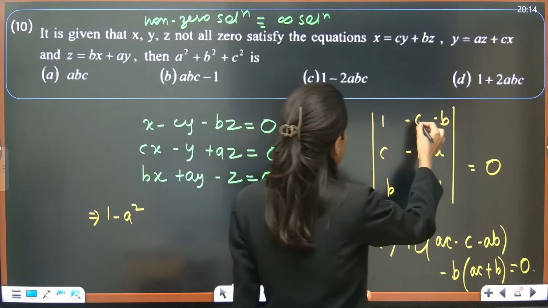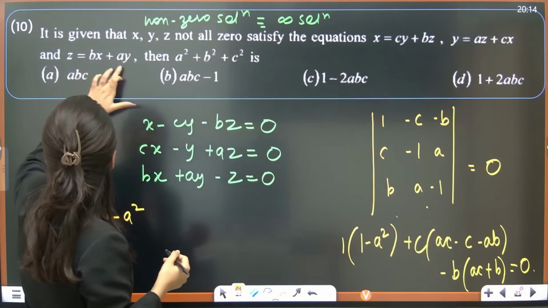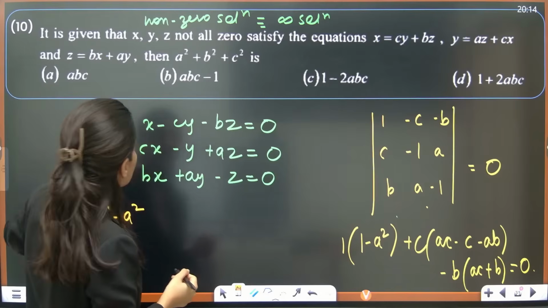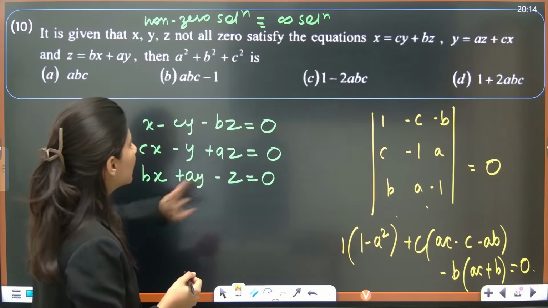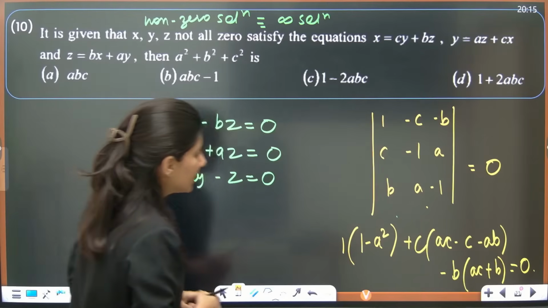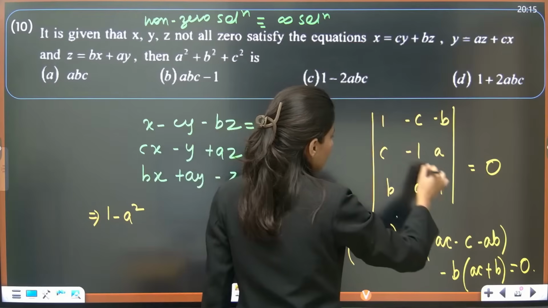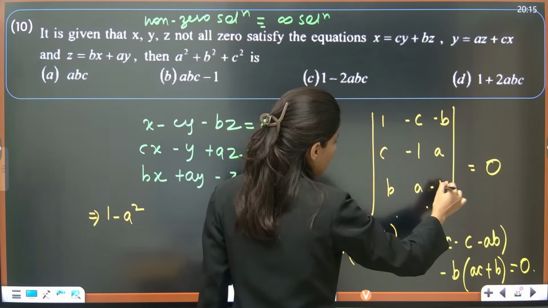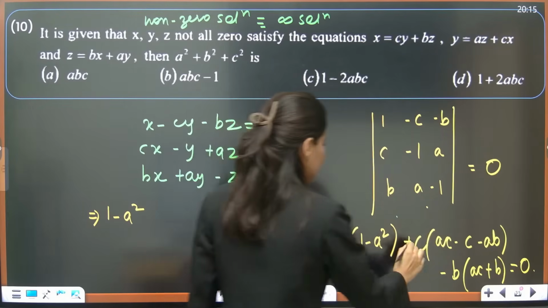This is C, correct? Hold on. This is bx plus ay minus z, correct. Second one is cx minus y plus az equals 0, and first one is this. So this is minus c times, and this is going to give you minus c. Okay, all right, this we have done incorrectly over here.